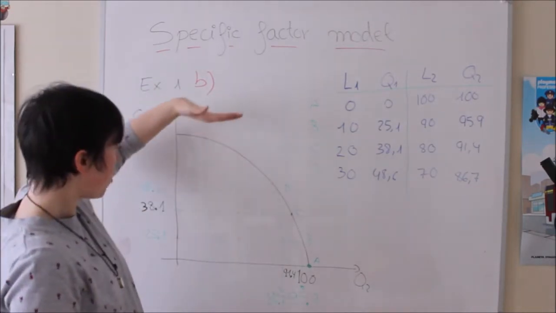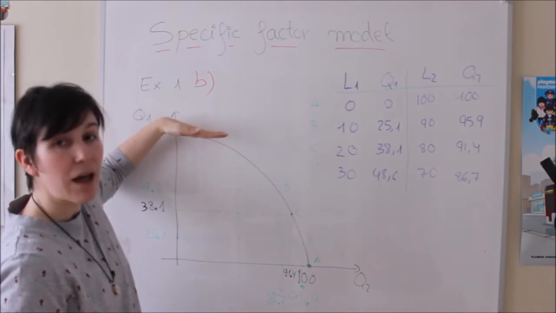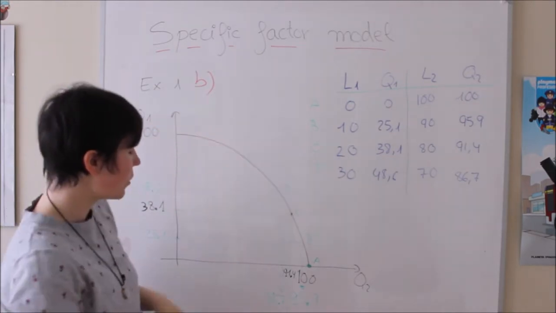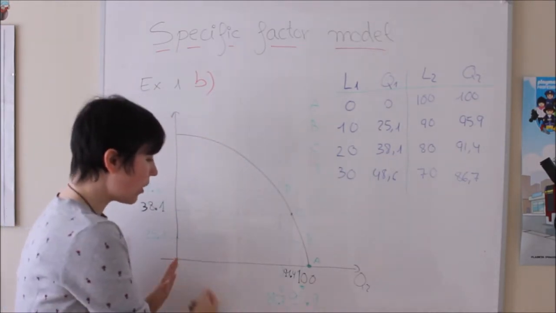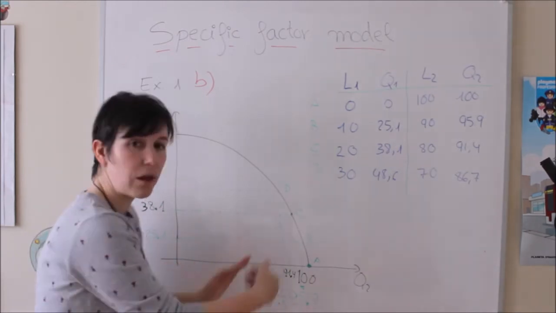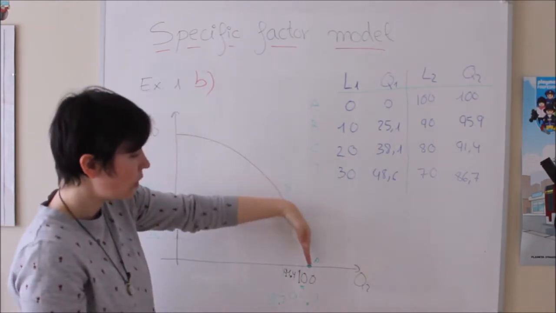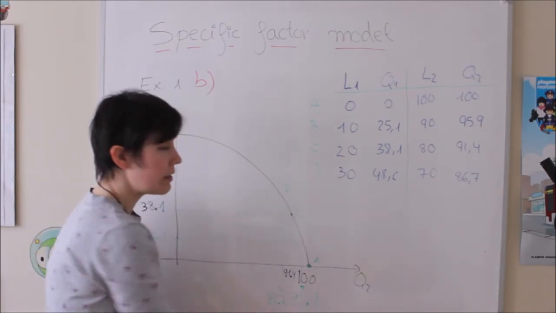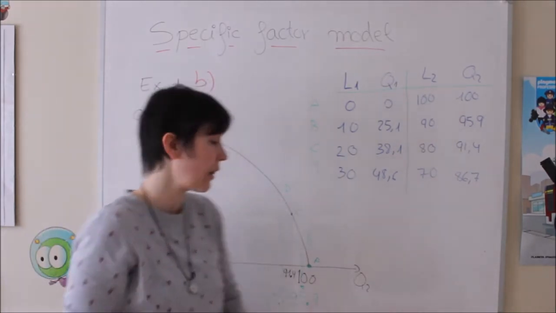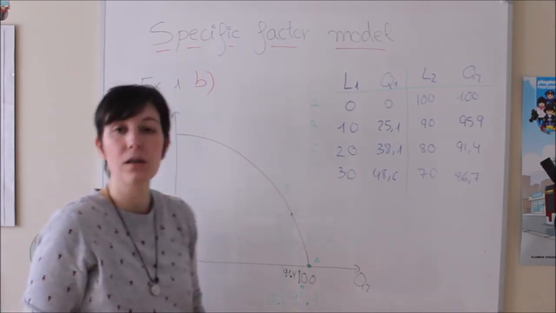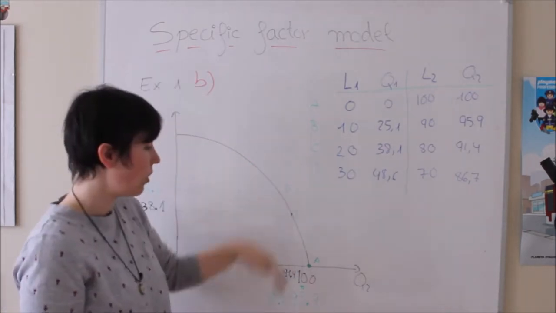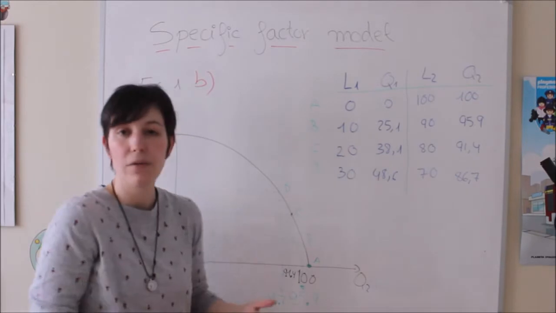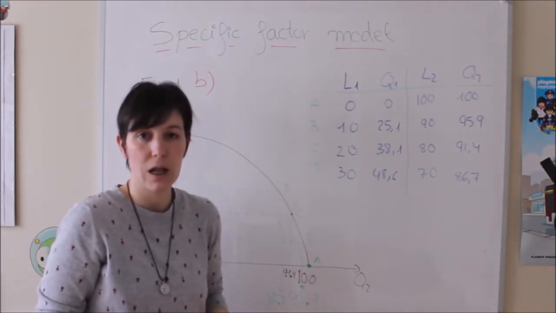You can see that the slope at the very beginning is very flat, but then it's increasing. So that means when you are increasing the production of good 2, the opportunity cost of producing that good is increasing. The slope is steeper. You see, something like that. So the opportunity cost is higher and higher when you are producing more and more of that good that you are already producing a lot.